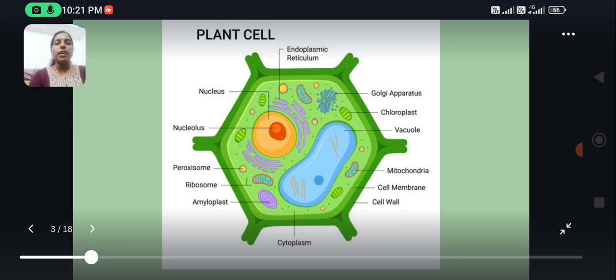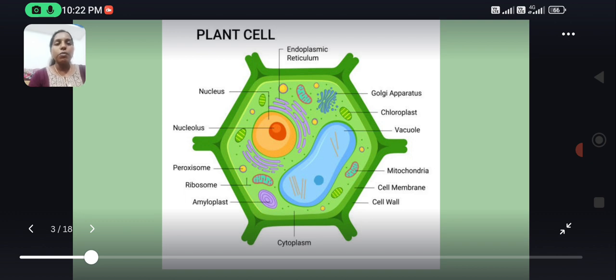These are called cell organelles. They have different functions and work differently, so all of them together constitute the function of a cell.